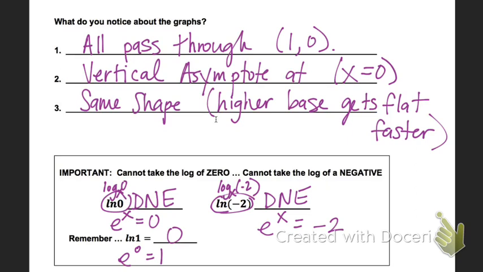So now we're going to try graphing without a calculator, and the same rules are going to apply. Something that I didn't mention that I want to talk about is, when we learned what a log is, what did we say that relationship was to an exponential? The inverse.